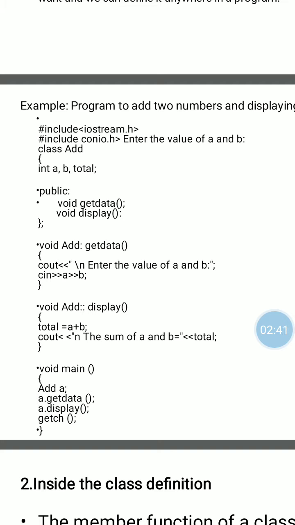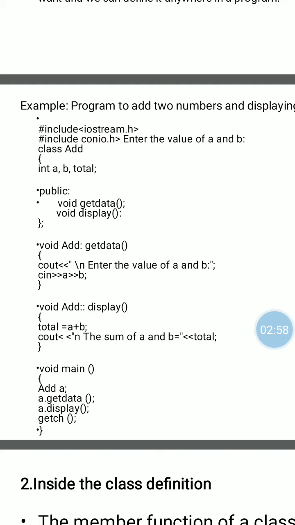Here public is the access specifier, and then in the public section we declare two functions, that is getdata and display. We only declare the two functions, not define them, because we define the functions outside the class.